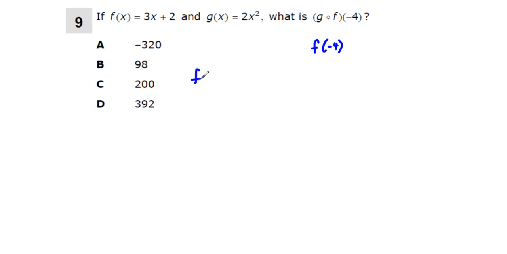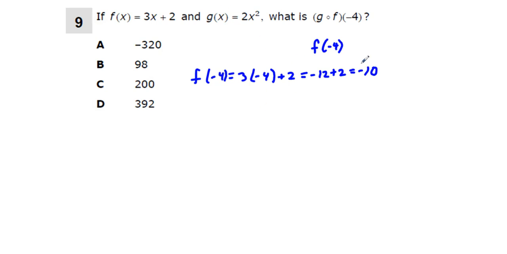So f of -4 is equal to 3 times -4 plus 2. And 3 times -4 is -12, plus 2 equals -10. And what do we do with this -10? We're going to find g of -10.